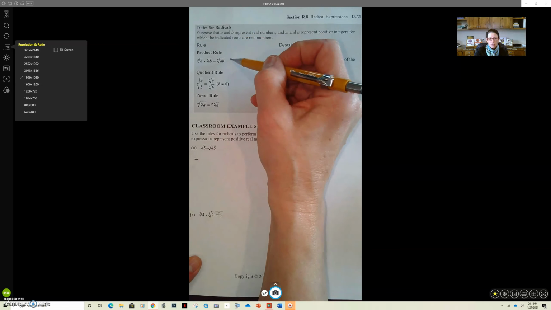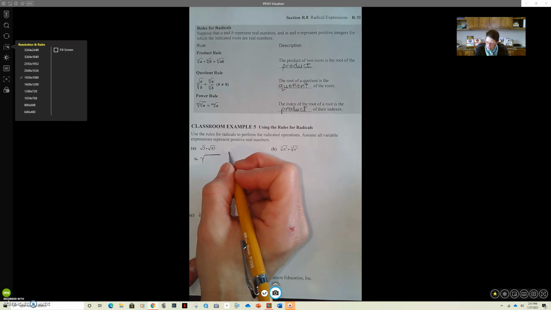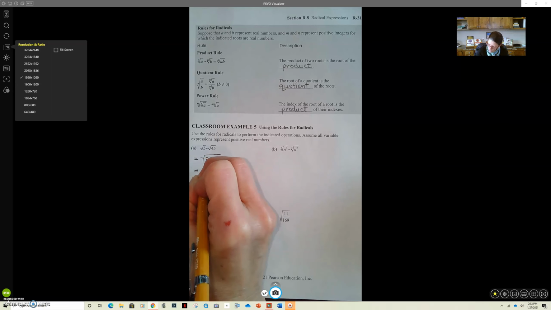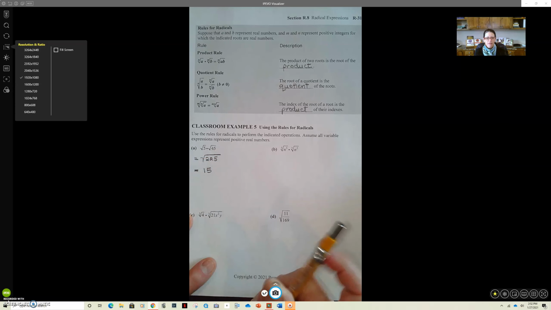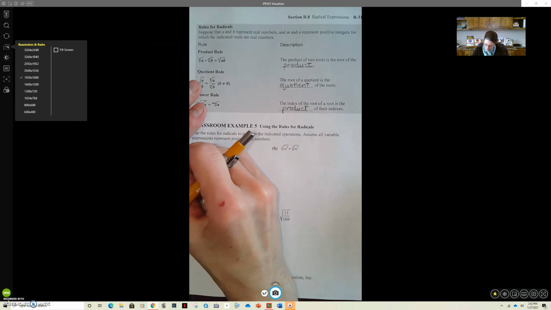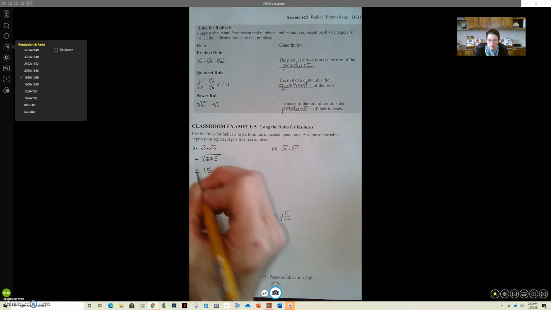So using the product rule, we can simply multiply the radicand values underneath. 5 times 45 is 225, and the square root of 225 is 15. That's an equal symbol right there, not a minus. Equal 15.